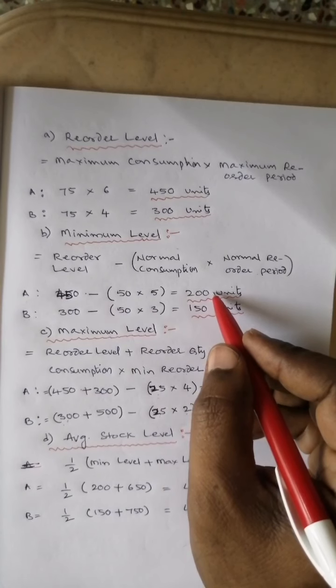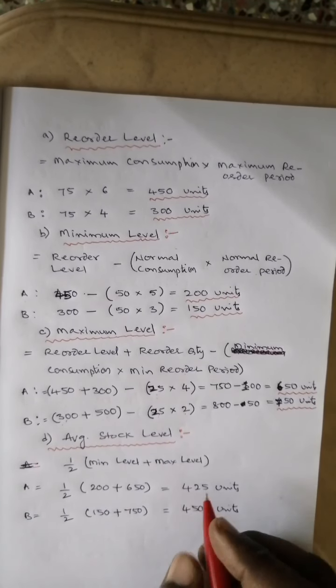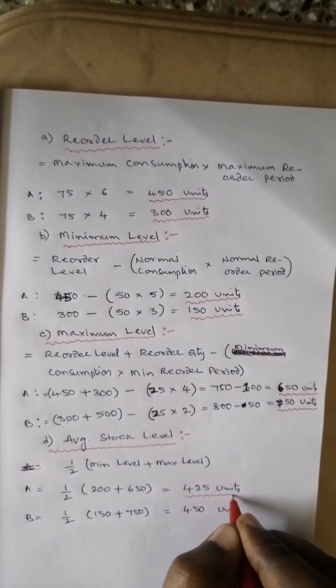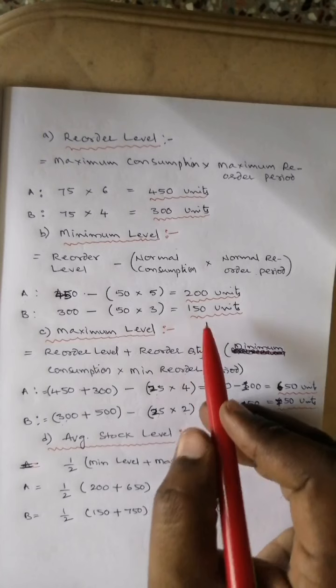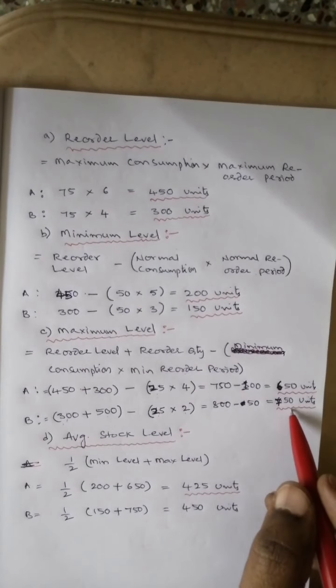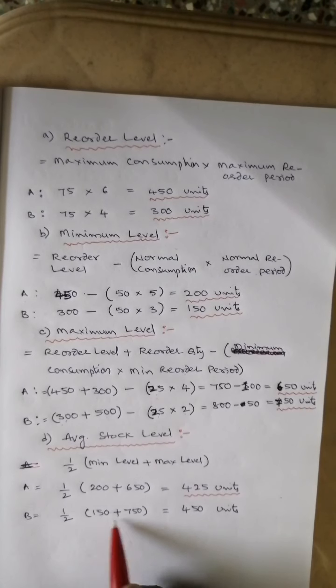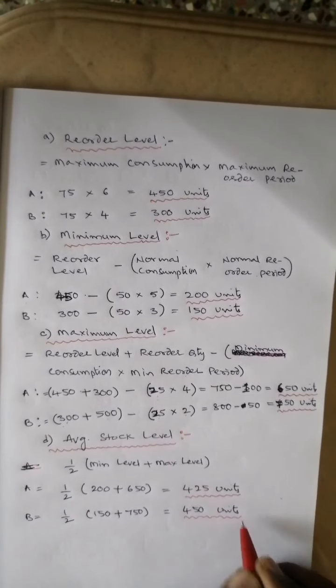It is available here, 200 and 650. So 850 by 2 is 425 units. Similarly for component B, minimum stock level 150, maximum stock level 750. 150 plus 750, 900 by 2 is equal to 450 units.